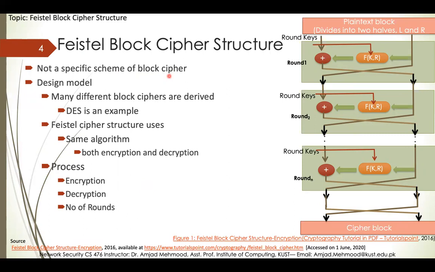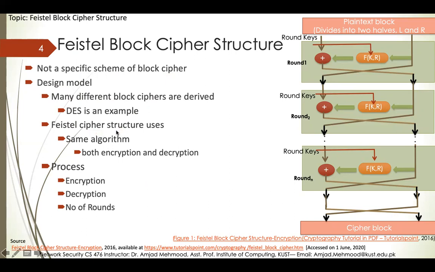So this is a block cipher. Many different block ciphers are derived from the design model of the Feistel block structure. DES is an example of this, and as today's topic is DES, we will be discussing this in detail.